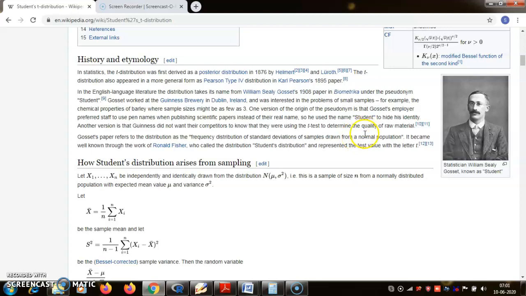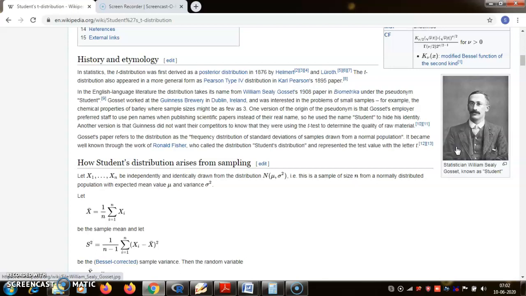As far as the history of this distribution is concerned, it was invented by a statistician named William Sealy Gosset, who worked in a brewery in Dublin. He seems to have been interested in hypothesis testing regarding the mean based on very small samples. Based on that, he derived this distribution and published his work in a 1908 paper in Biometrika.